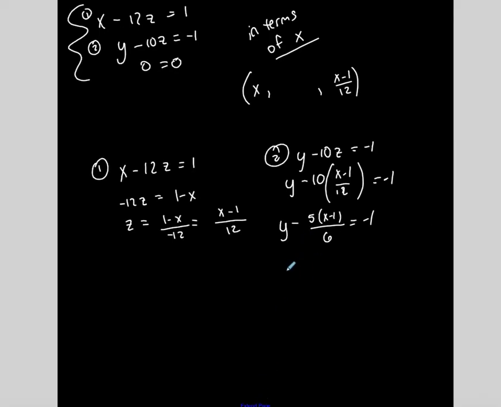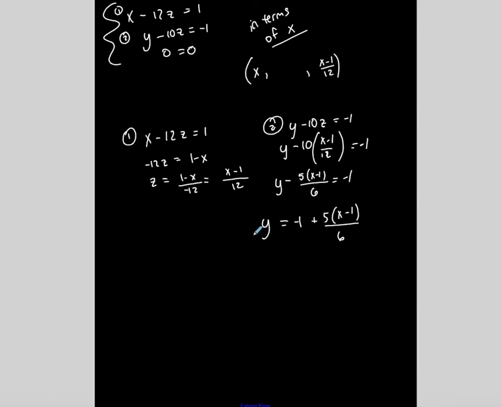A couple things you could do. You could distribute the 5 if you want. What I'm going to do is take this whole term and move it over here. So I'm going to add this whole thing so that it cancels on this side and goes over here. So y is negative 1 plus this whole thing, 5 times (x minus 1) over 6. You can leave it like this, but I might put it as a single fraction, which means I need a common denominator.